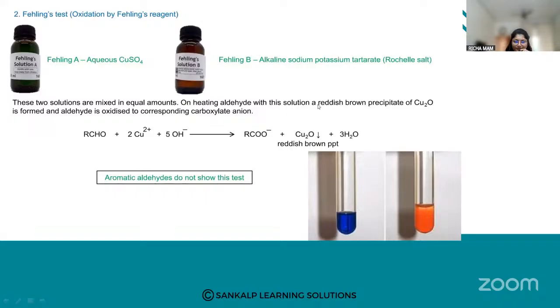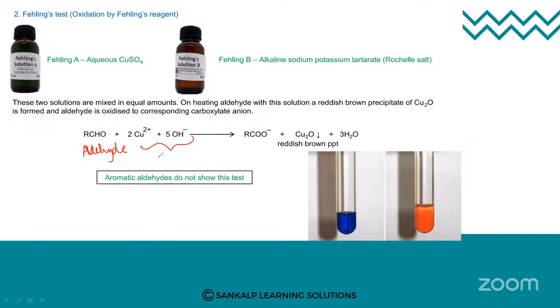Now we are going to take the aldehyde and react it with Fehling's solution. What am I going to get? I am going to get a reddish brown precipitate, and the aldehydes are oxidized to carboxylate ion.